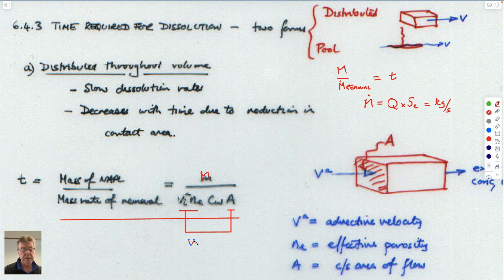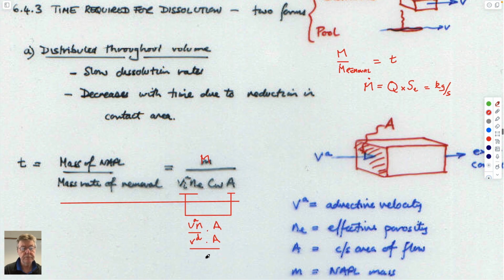So advective velocity times porosity equals Darcy velocity times area. This totally equals Q. Saying exactly the same thing, right?